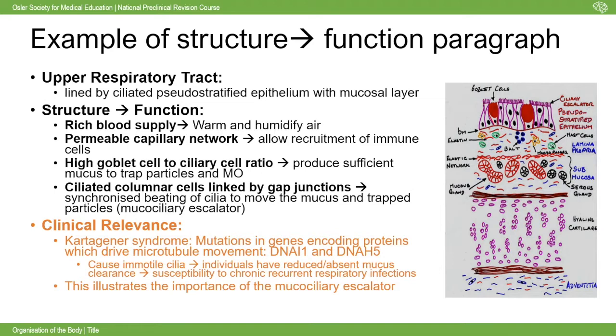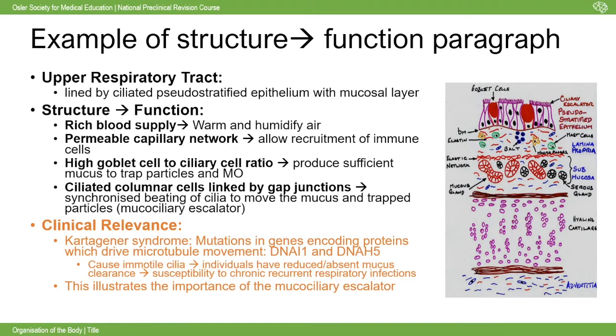For example, in the case of cystic fibrosis, you have very thick mucus, which is hard to move, and the microorganisms are retained within that mucus and can lead to chronic infections. So you want to make sure that you're moving this mucus out. The cilia within ciliated columnar cells are electrically coupled, and this enables synchronous beating of the cilia, producing a mucociliary escalator.